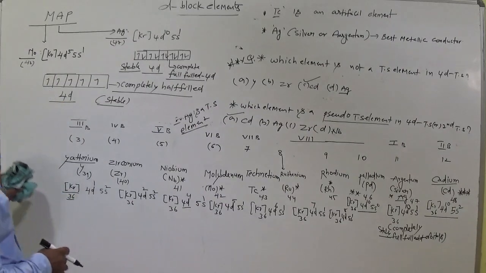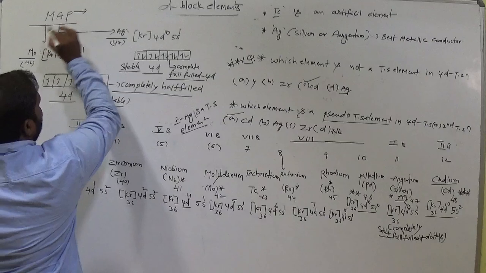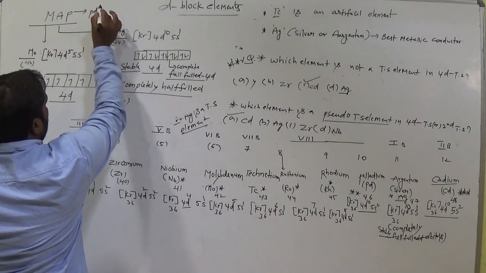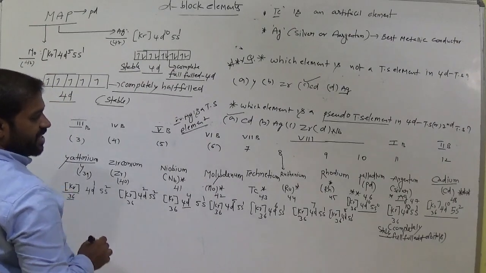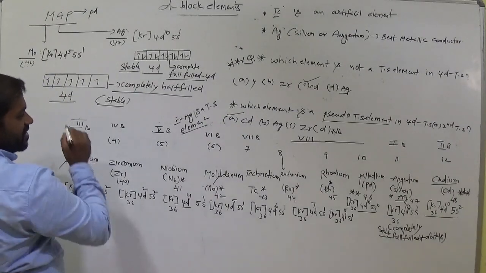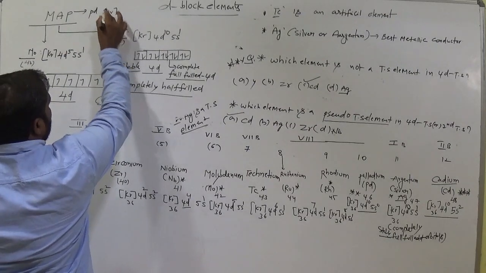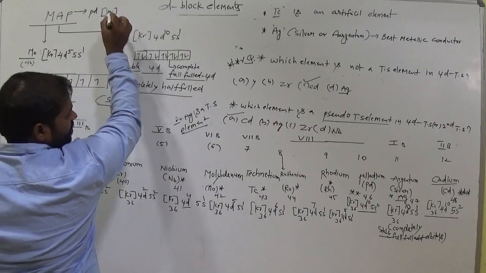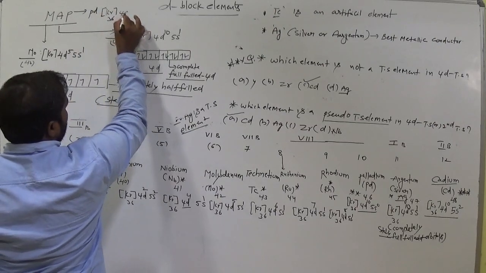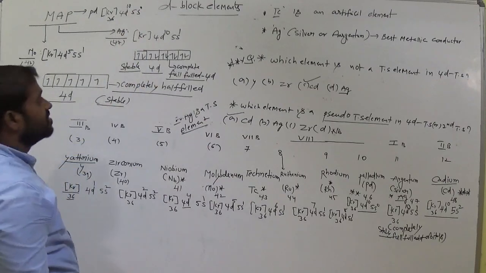Next come to palladium. P means palladium here. What about palladium? Write the electronic configuration. For palladium there are no electrons in s. Krypton 36, 4d10, 5s0. There is no electron. Remember this.